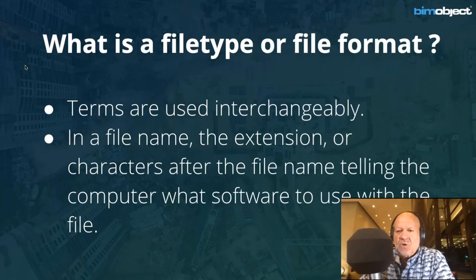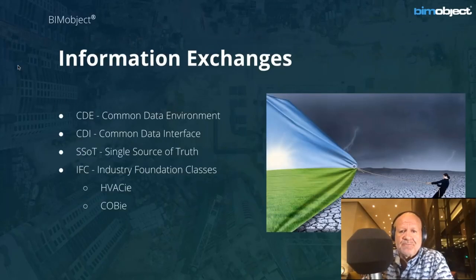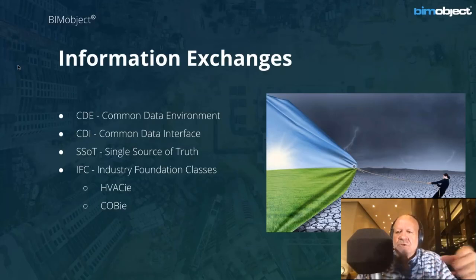Why do we need multiple file types of the same building product content? Why does it matter? Well, one of the reasons is that we're seeing a lot of information exchanges. I'm just going to use that as a broad term. It's used specifically in some cases, and these are all getting different names. A common data environment, CDE. We've seen a common data interface. You name it, it's happening that way. A single source of truth.